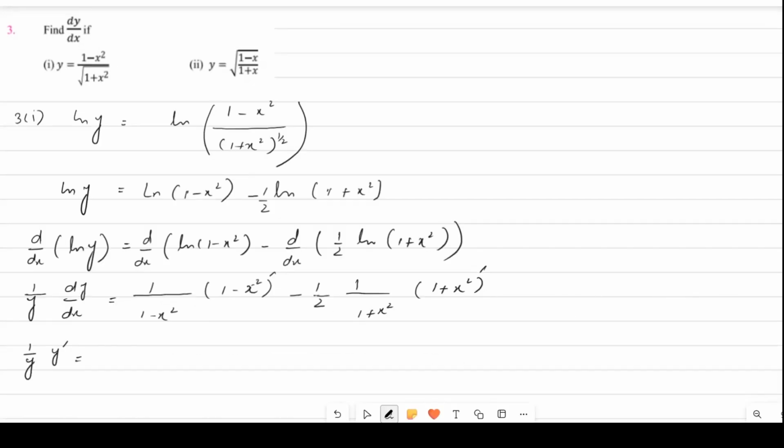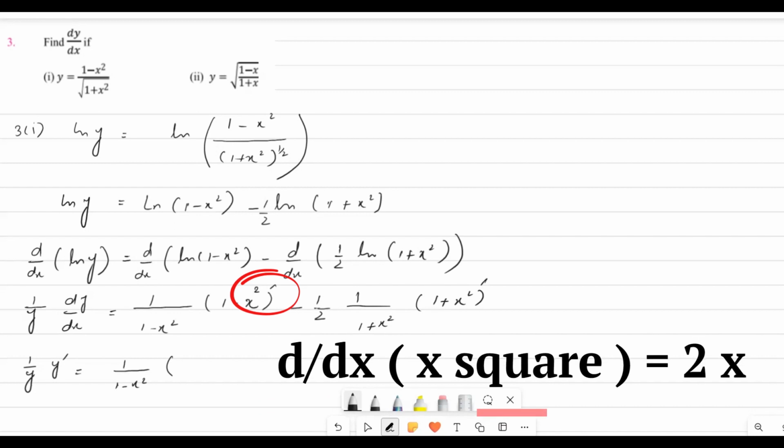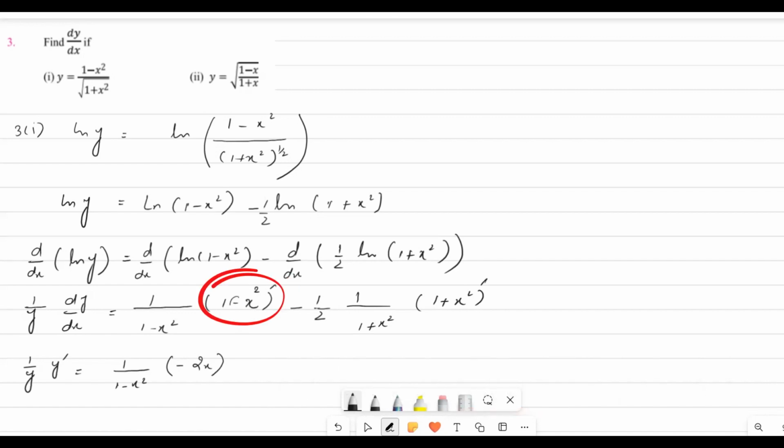The derivative of 1 will be 0, and the derivative of x square will be 2x. Here you can see this is minus, so minus will be the same.